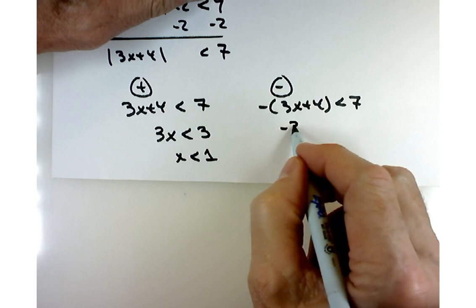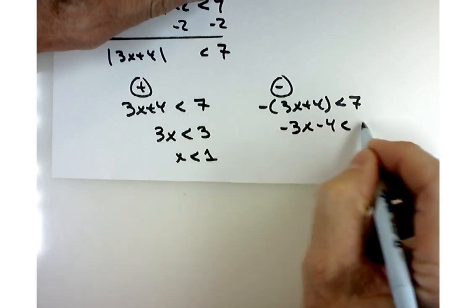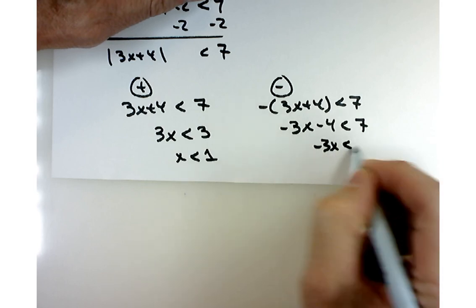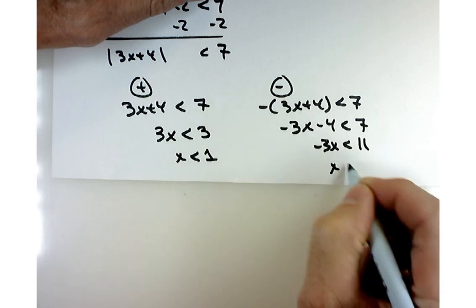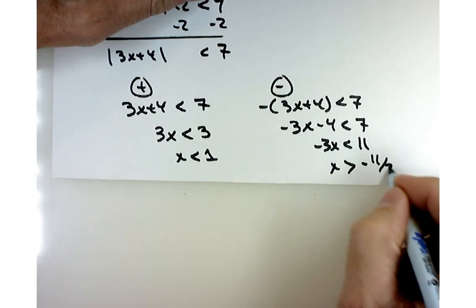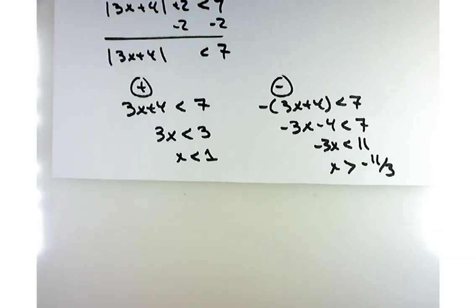If I distribute that negative, add 4 to both sides, and then divide by 3, I get x is greater than negative 11 over 3. You could write that as negative 3 2/3. Doesn't bother me. But there's a couple things that are going to be different about the absolute value less than case.